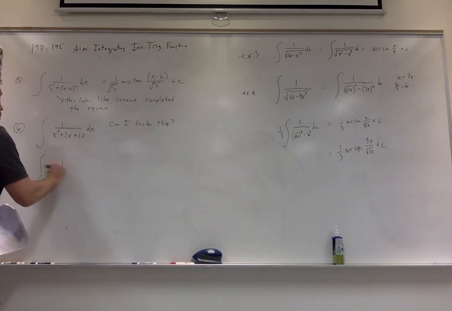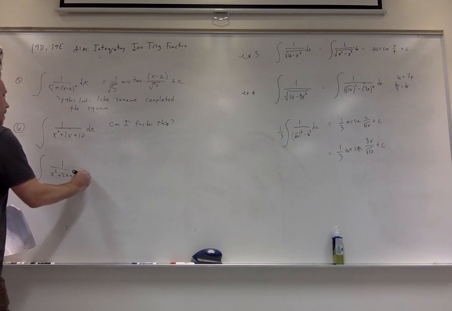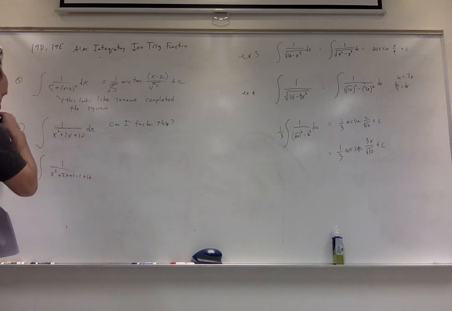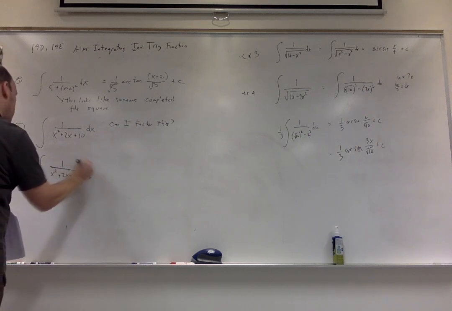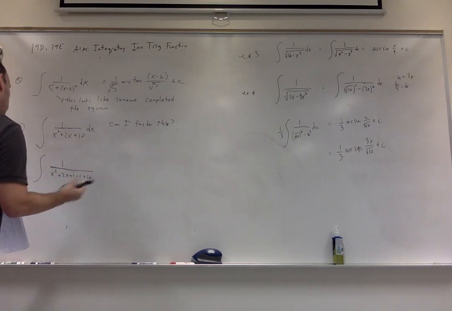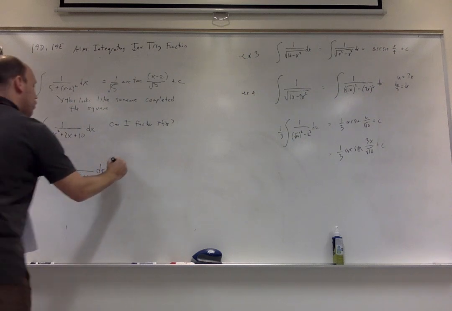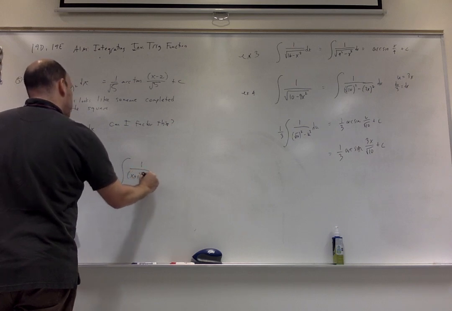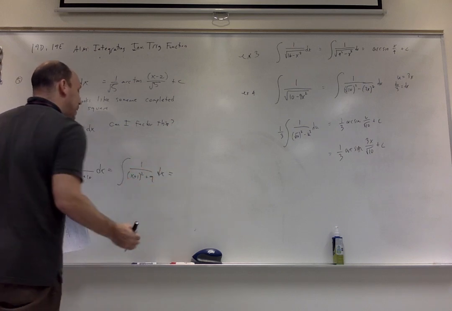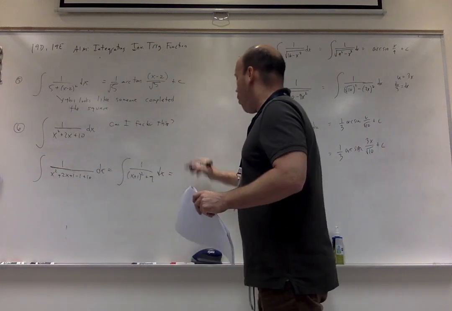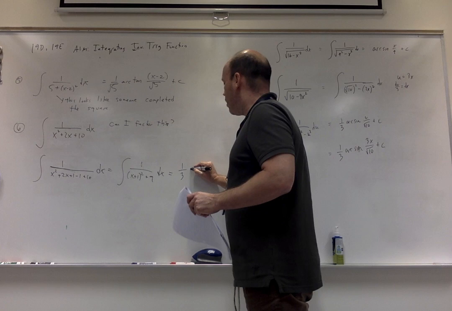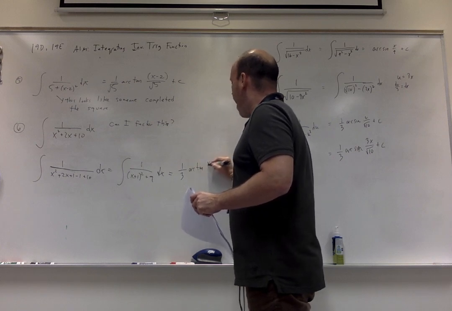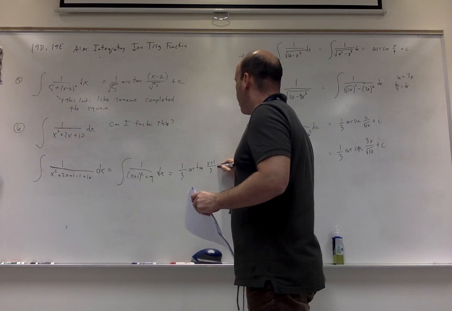So we have the integral of 1 over x squared plus 2x plus 1 minus 1 plus 10. Right? So we have the integral of 1 over x plus 1 squared plus 9 dx, which is equal to 1 over 3 arctan of x plus 1 over 3 plus c.